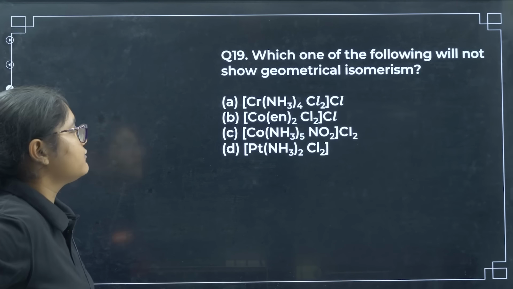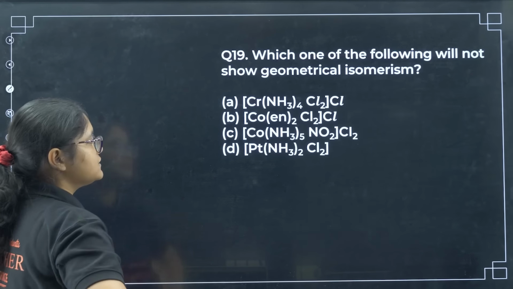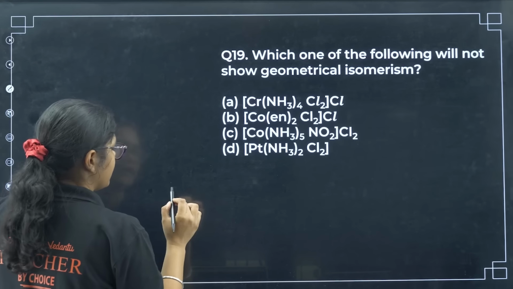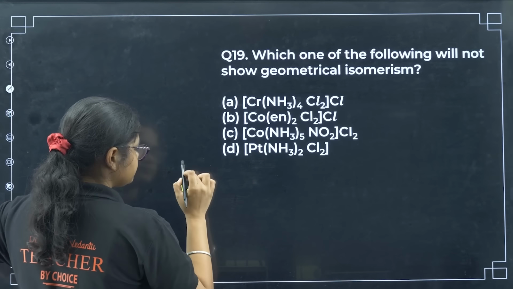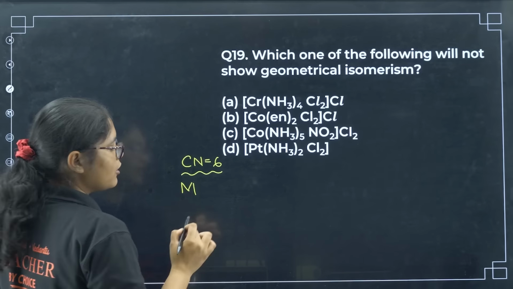Next, which of the following will not show geometrical isomerism? For geometrical isomerism, what do you need? If I have coordination number 6, what are the possibilities?